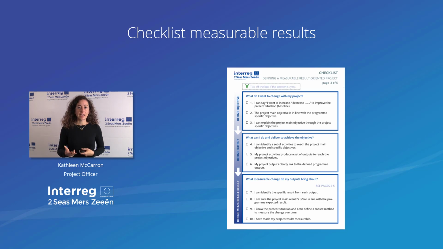This checklist helps you draft specific results in a way that you can really see that they're in line with your proposed output, and to make sure that it's also relevant for the program and drafted in a comprehensive way. If needed, you can go back to the checklist, which is available on the website, to go back into the process of drafting the intervention logic.